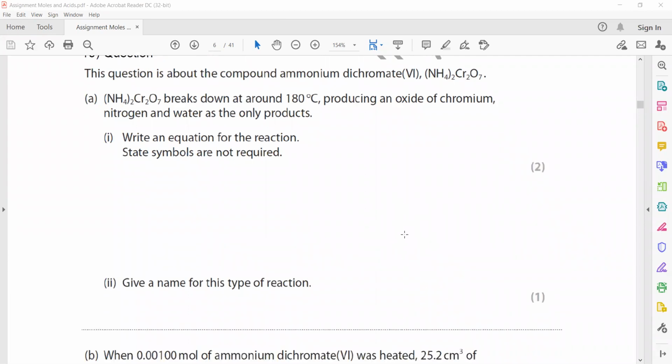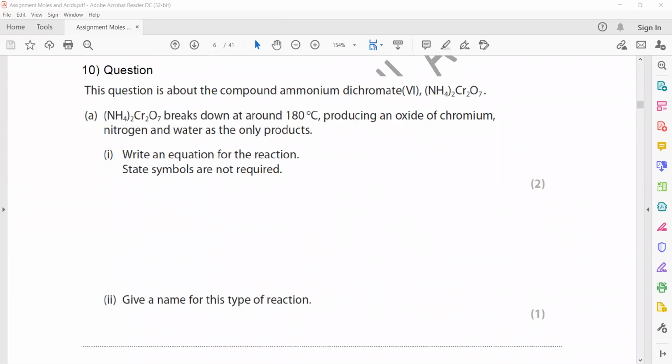In question 10, this question is about the compound ammonium dichromate. Ammonium dichromate breaks down at around 180 degrees centigrade, producing an oxide of chromium, nitrogen and water as only products.